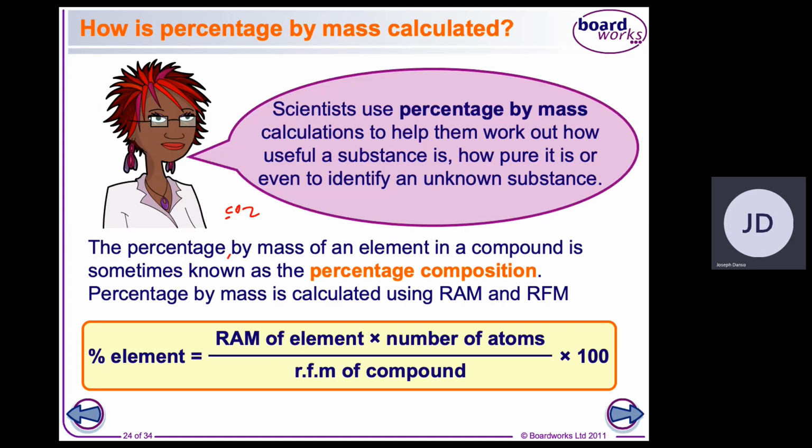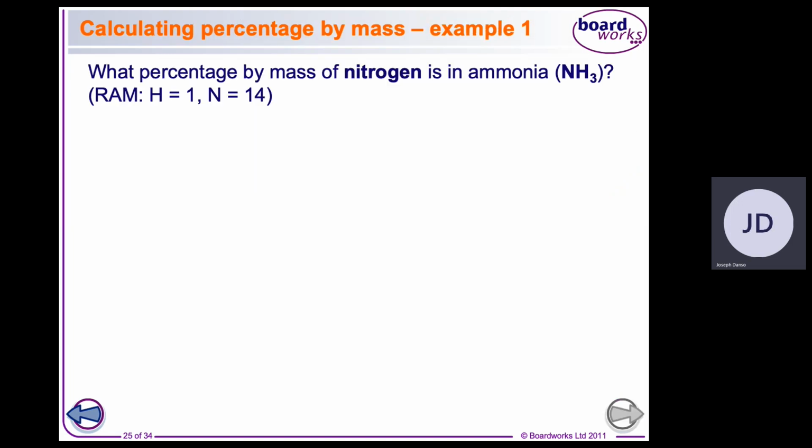The formula once again is the RAM, the relative atomic mass of nitrogen, multiply that by the number of atoms of nitrogen in ammonia, and divided by the relative formula mass of the whole ammonia compound times 100.